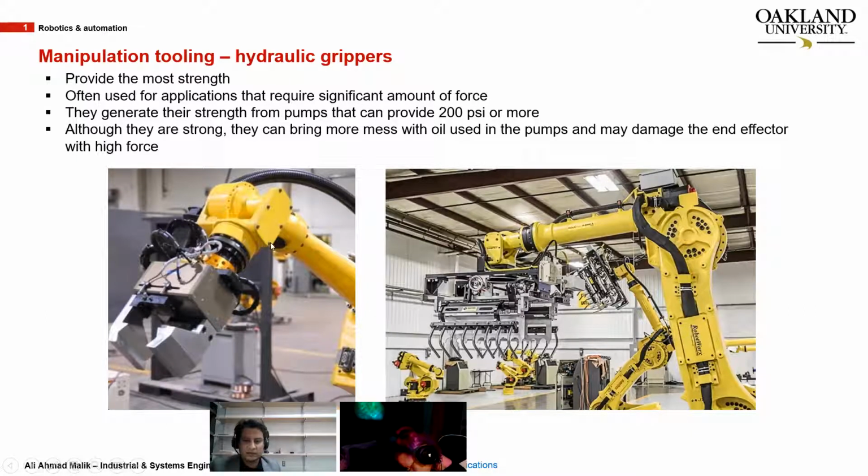I would say this is also something you would rarely see in manufacturing applications, because it is used only for very large robots, and where damage to the surface of the component doesn't really matter, because you can't really control how much force it will apply on the component.